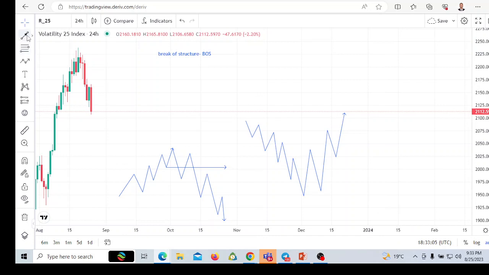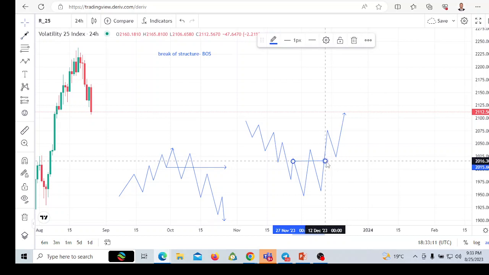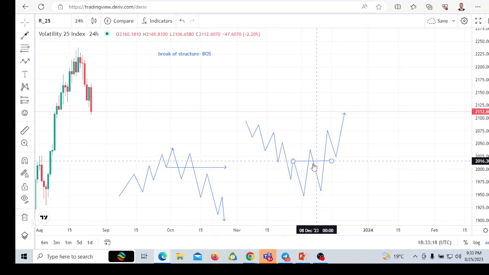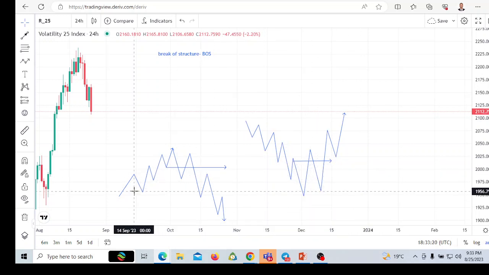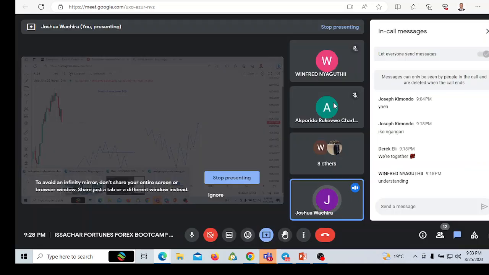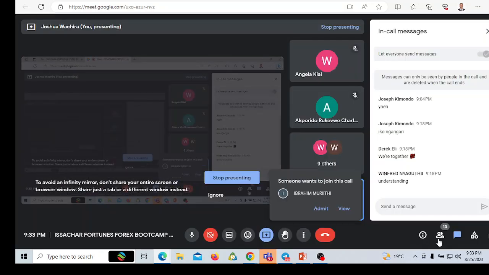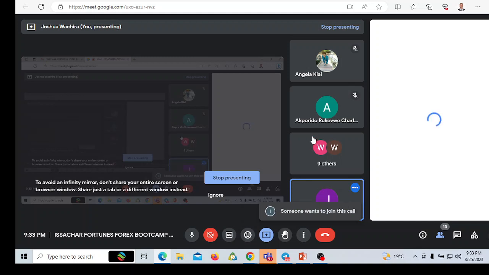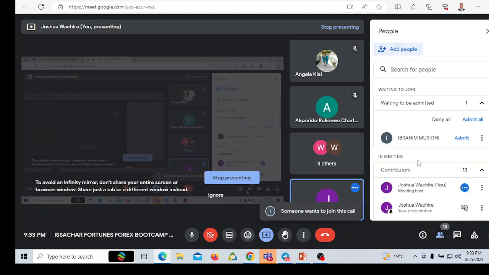So also at this other region here, price broke structure again. So every time in an uptrend market, price should just a bit.